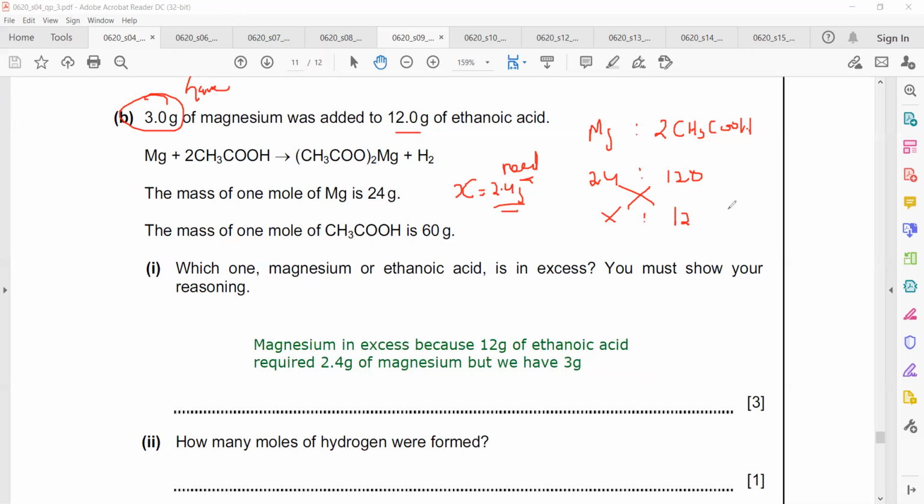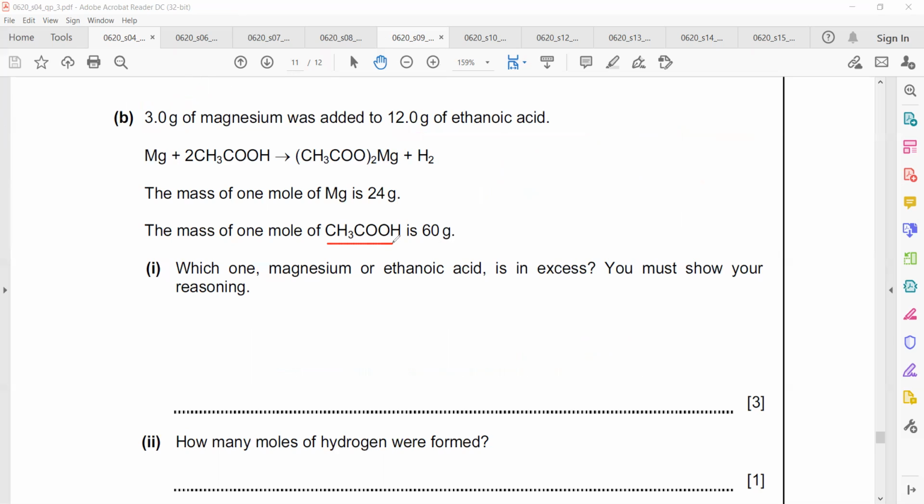The next part: how to get 120? The mass of one molecule of CH3COOH is 60, but in the question you have two molecules. So one is 60, and 60 multiplied by 2 is 120.